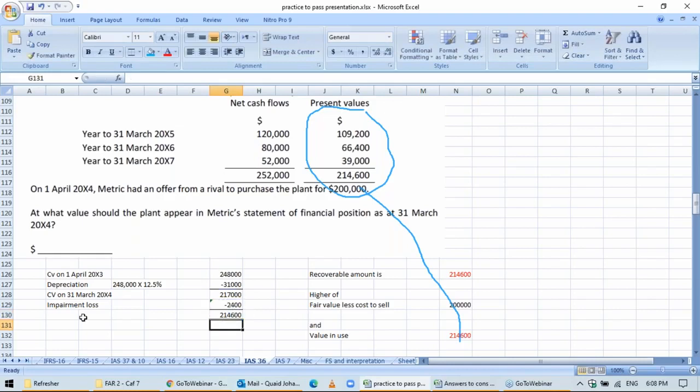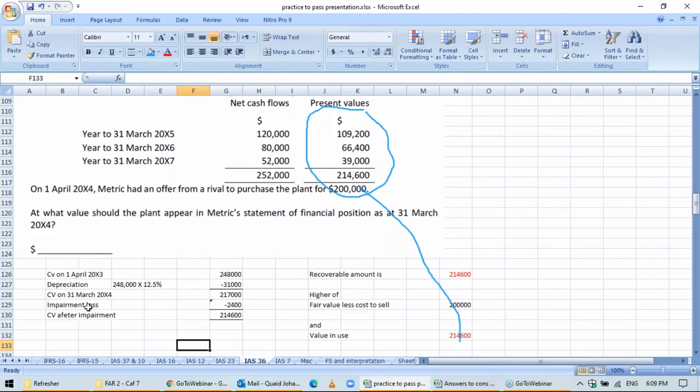Earlier the asset was overstated at 217,000. So we bring the carrying value down to 214,600. Whenever the carrying value exceeds the recoverable amount, we will bring the carrying value down. Now this gives you the carrying value after impairment. The impairment loss is to be reported in the profit and loss account.